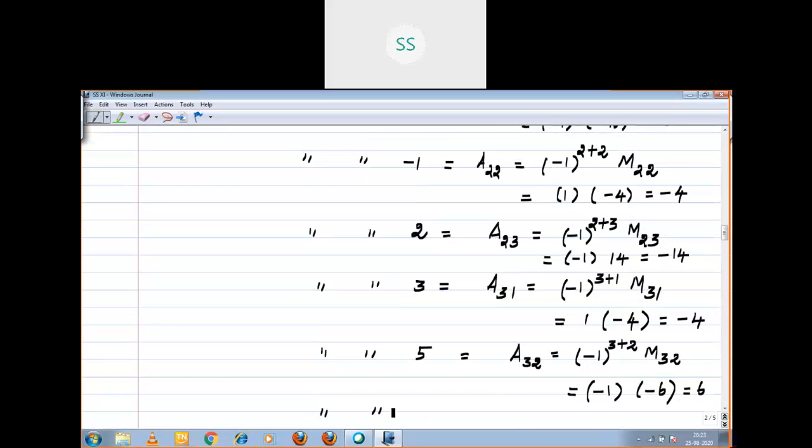Cofactor of 2. That is third row, third column. Minus 1 the whole power 3 plus 3, into M33. Minus 1 the whole power what?